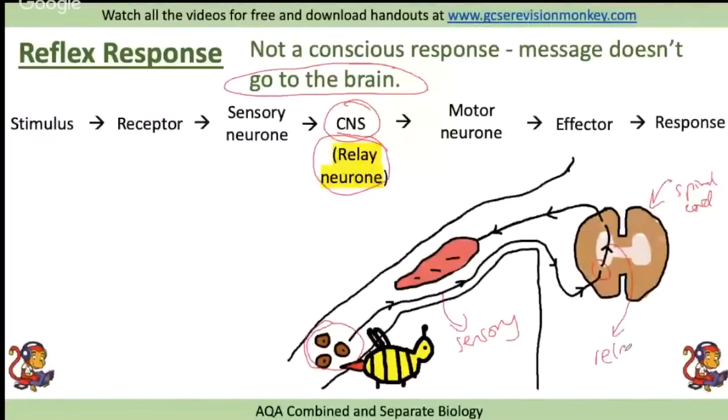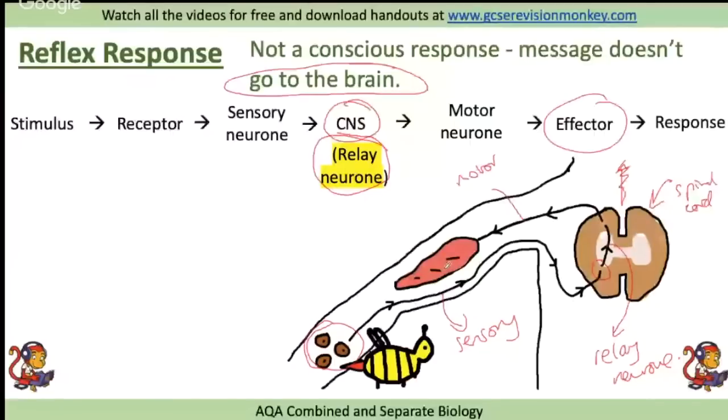You might be asked to annotate a diagram like this in the exam and label the neurons. So rather than going up to the brain, it doesn't do that. It whips across the relay neuron and goes straight to the motor neuron. And again, the effector might be a muscle or a gland. In this case, a muscle which will contract.